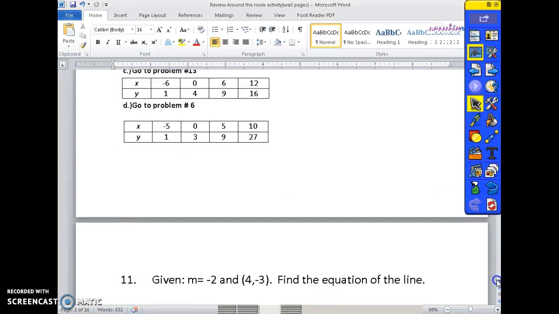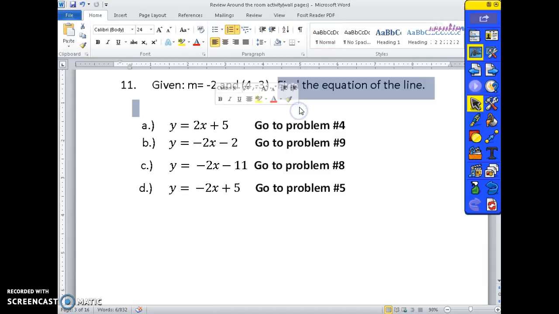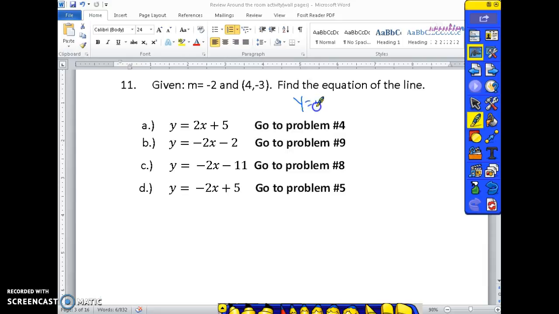For number 11, we are given a slope and a point, and we need to identify the y-intercept so that we can find the equation of the line. We're going to take these numbers and plug them into the equation y equals mx plus b. I'm going to plug the y in for y, the slope in for m, the x in for x.